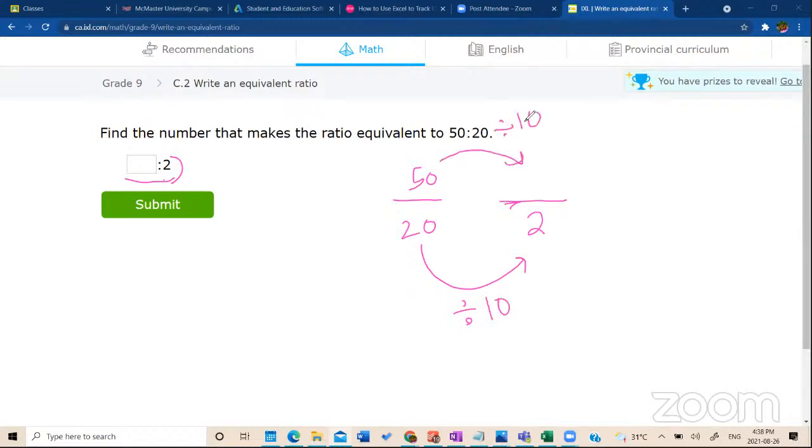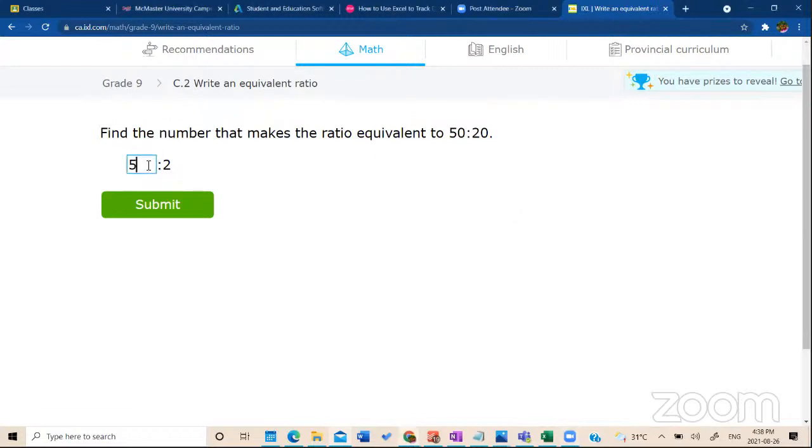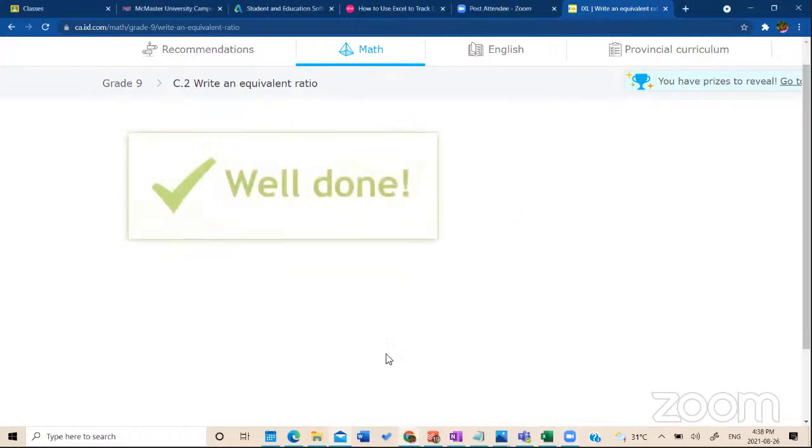So we divide by 10. 20 divided by 2 is 10, and 50 divided by 10 is going to be 5. Yes, 5. Very good. Write 5 over here. Okay, let's try this one now.